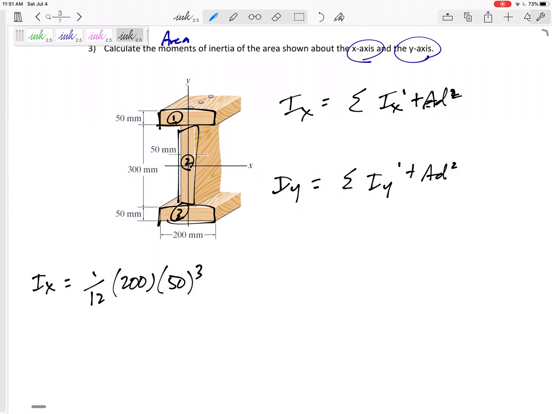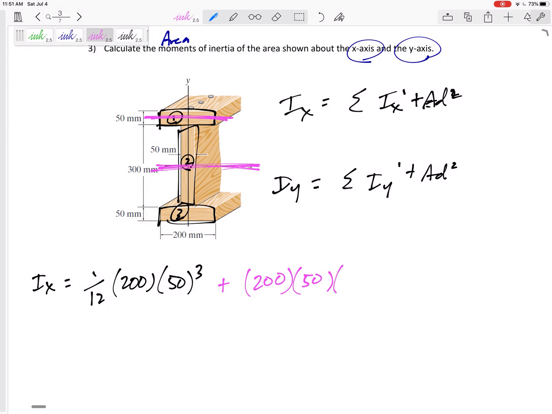But that is the I about the centroid of that shape. I want the I about this x-axis, so I need to use the parallel axis theorem. I need to move it Ad squared. So first of all, what is the A? It's always going to be the base times height. Area is base times height. And what distance do I need to move it?